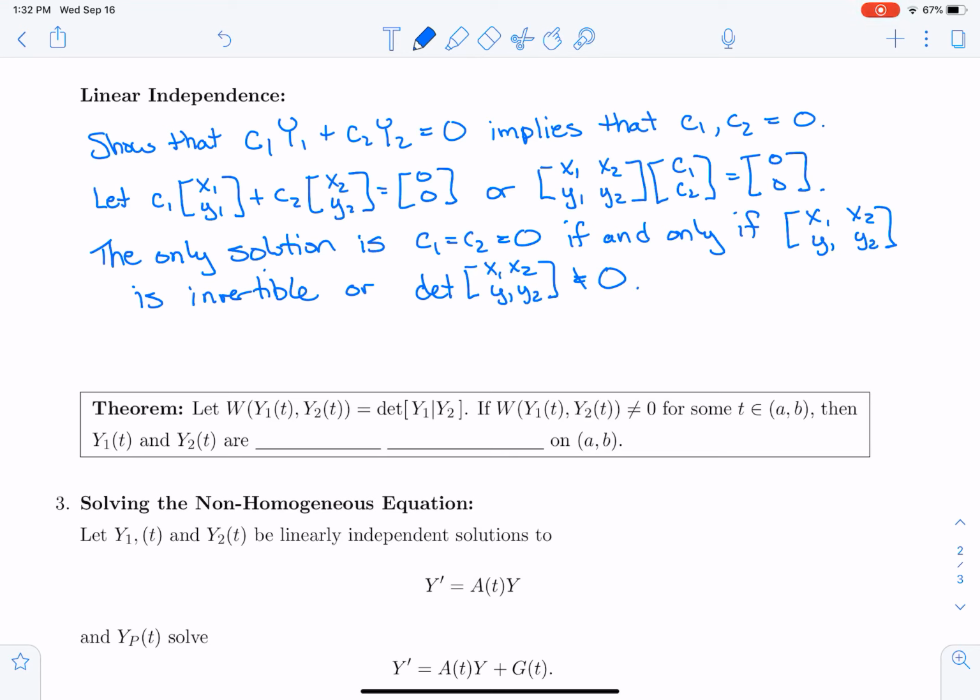So we're going to define the Wronskian of two solutions, y1 and y2, as equal to the determinant of the matrix whose columns are formed by y1 and y2.